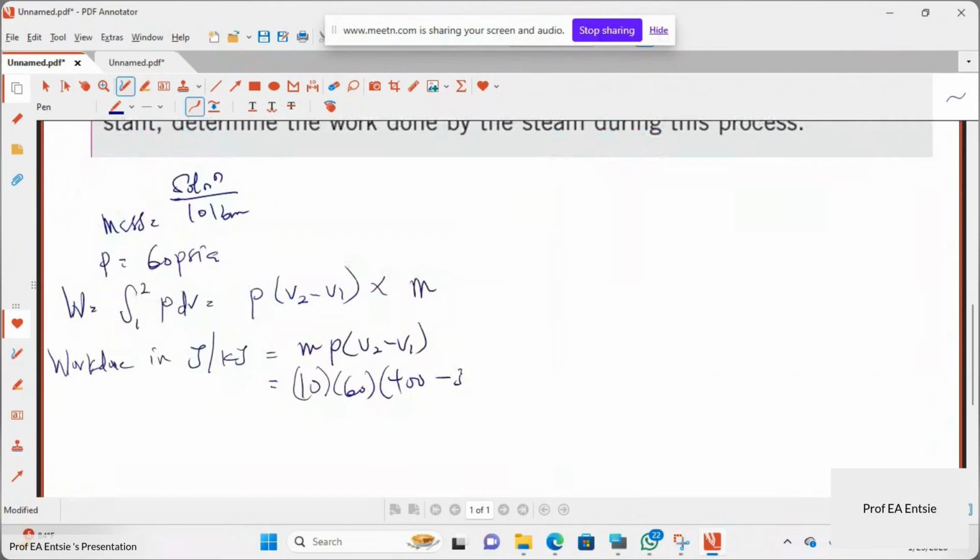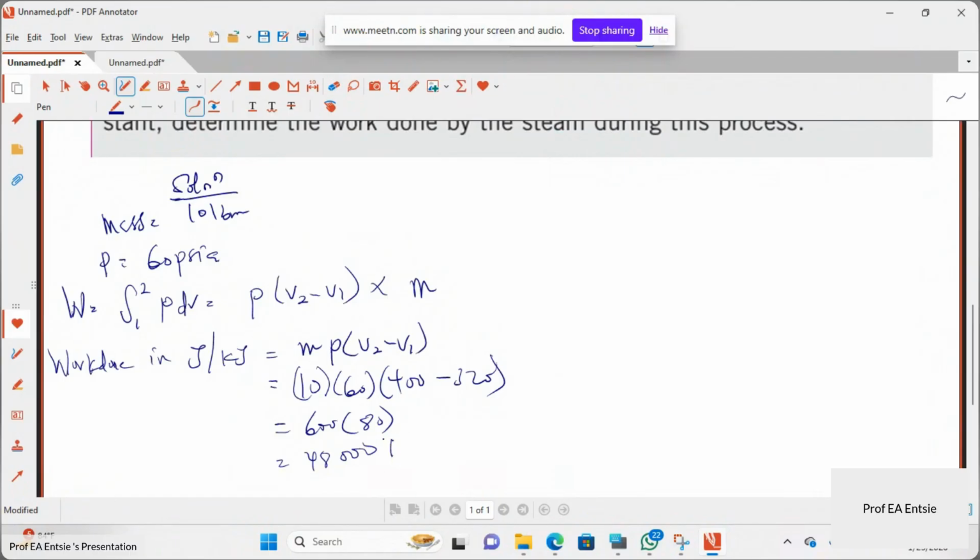With that, you multiply this, you get 600. You subtract that, you get 80. This is 48,000. So this is the answer we get if all things remain the same.